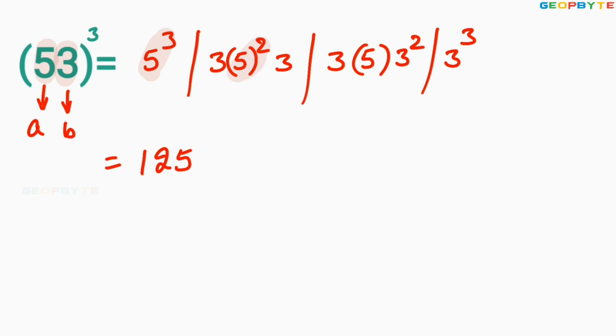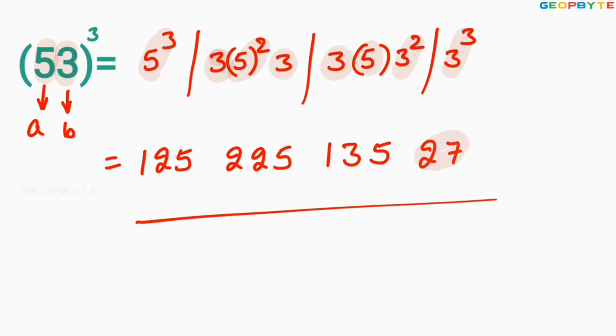5 square 25 into 3, 75 into 3, 225. 3 square 9, 9 into 5, 45 into 3, 135. The last one, 3 cube, is 27.